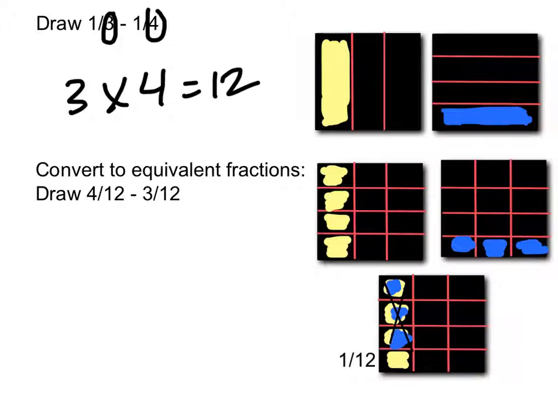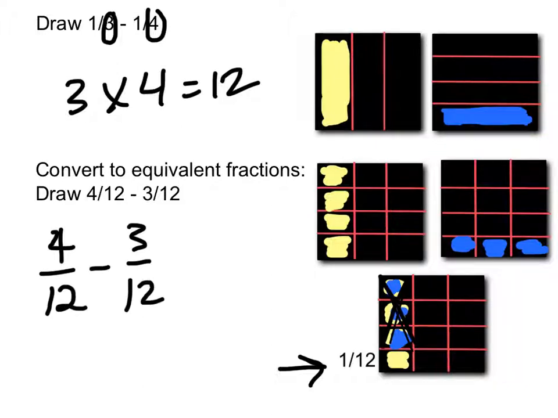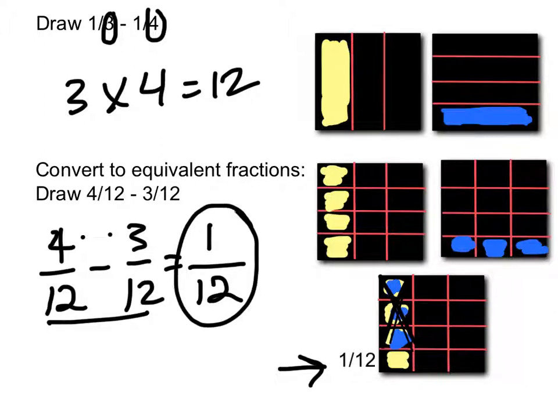And so we're converting our fractions to twelfths. So let's take a look. 4/12 minus 3/12. Well, 3 fit into 3 of them. We've crossed them out, and we have 1 remaining 12th as our answer. So our math is 4/12 minus 3/12. 4 minus 3 is 1, and our denominator always stays the same when we add and subtract. We get 1/12 as our solution. Be sure to be writing your notes in your journal and you're pausing at the right time.